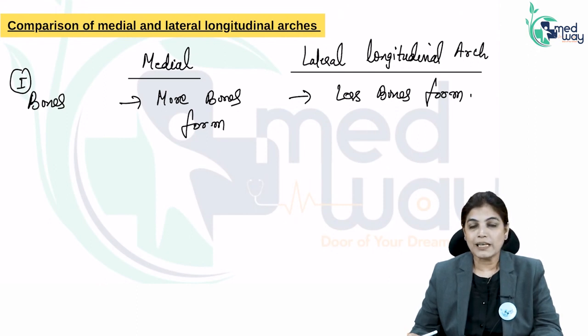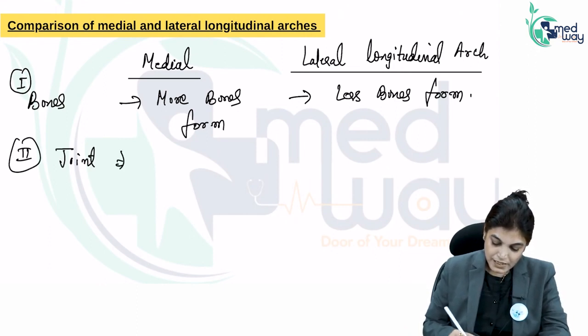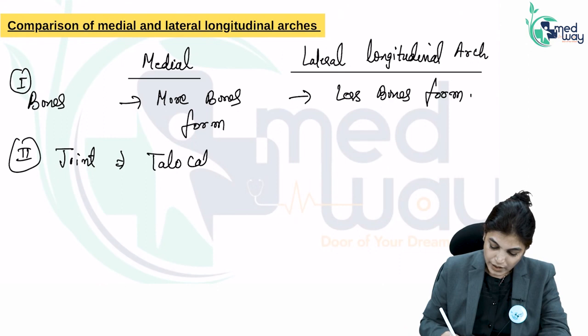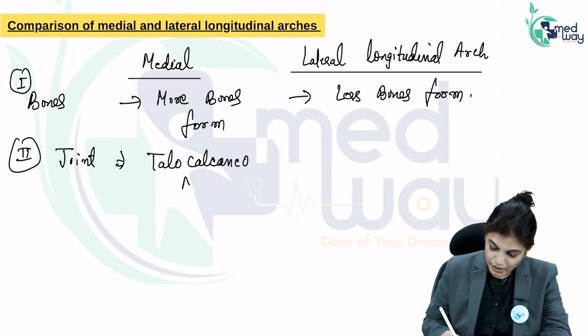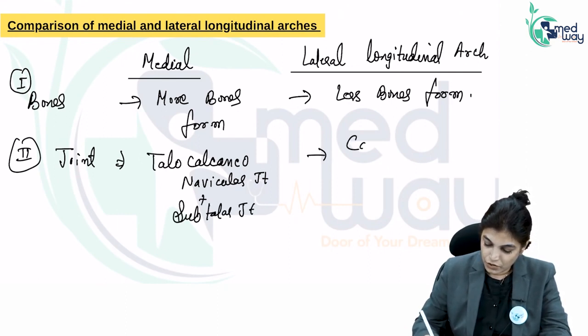The lateral part of the calcaneum, cuboid and the lateral 2 metatarsals form the lateral longitudinal arch. The most important joint in the medial longitudinal arch is the talocalcaneonavicular joint and also the subtalar joint, but here it is the calcaneocuboid joint.